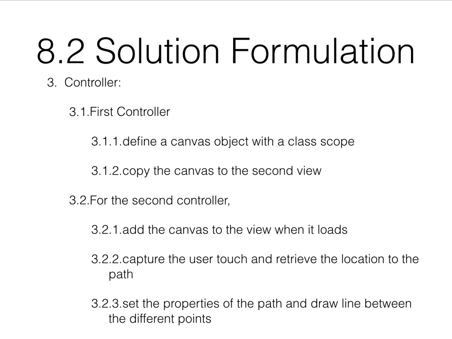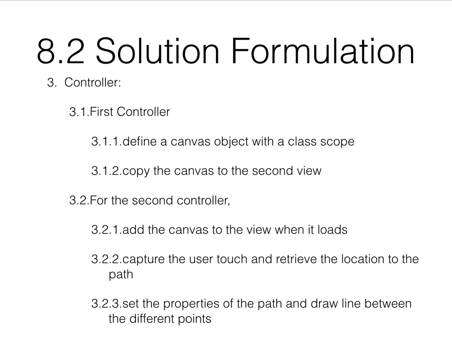So in the controller, there's work that needs to be done on both controllers. The first controller will construct the color and move the color, which is what we already have. But we're going to need to create the canvas in the first controller and transfer the canvas to the second controller. The reason we want to do that is so that the first controller takes ownership of the canvas.